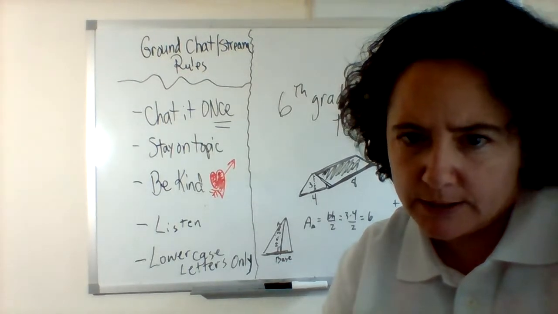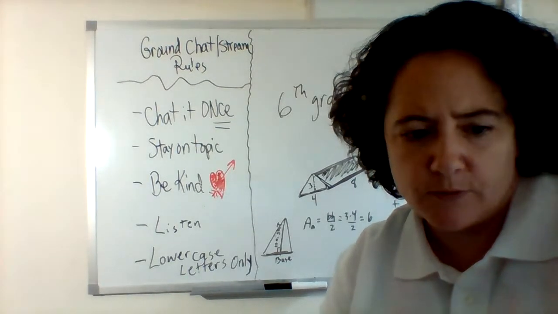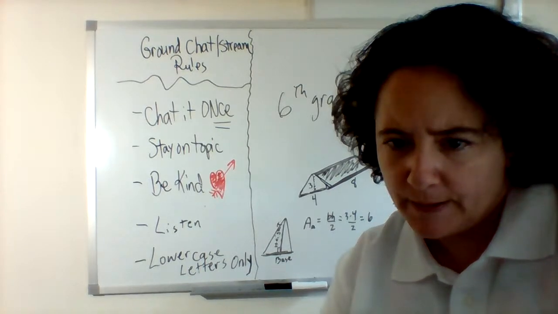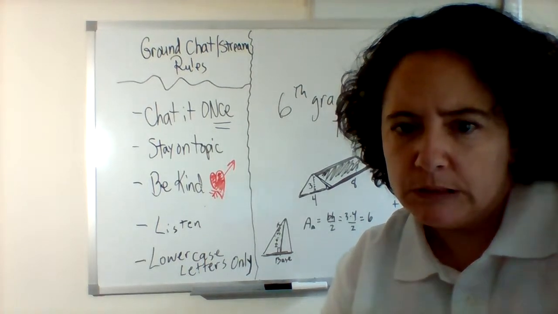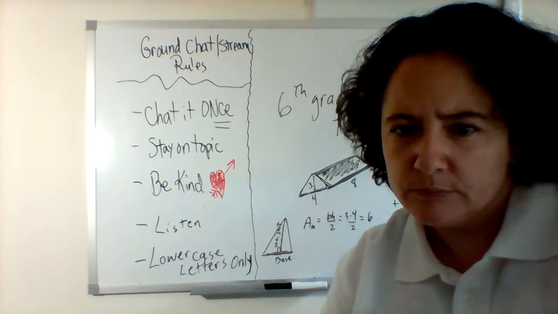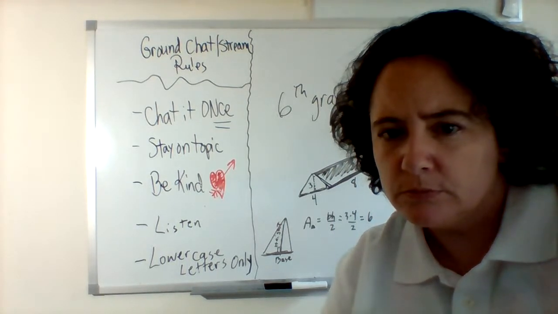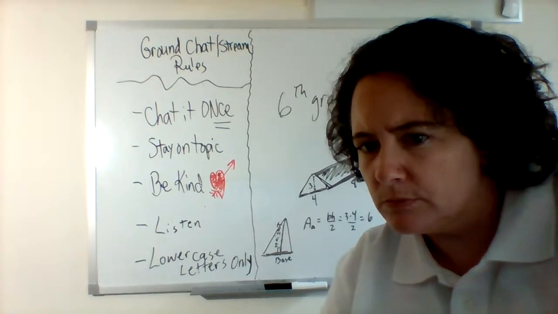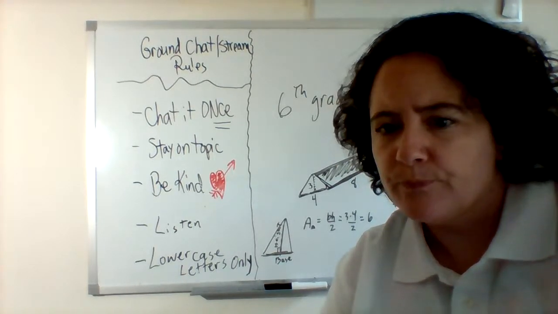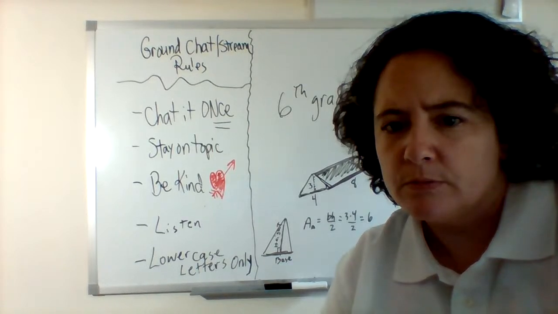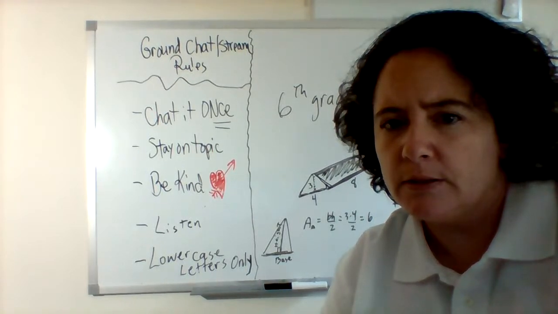Area of the highlighted side is 5 by 3. That's 15. Area of the highlighted side.